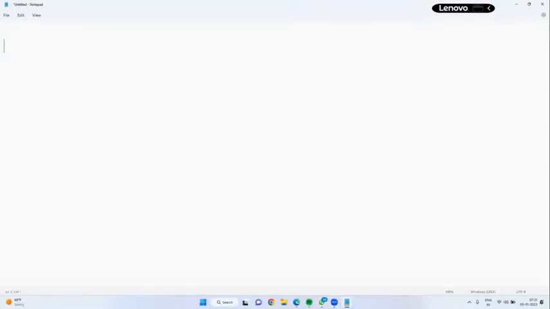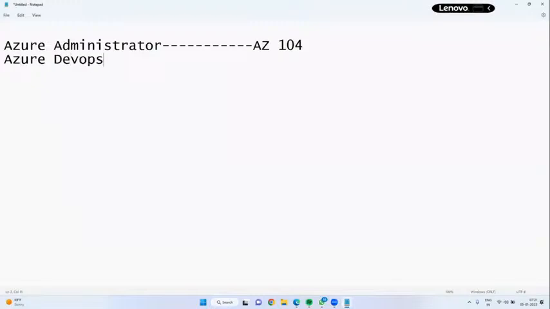The main thing I can suggest is the administrator certification paper, which is AZ-104. Next, Azure DevOps. Azure administration, Azure DevOps. The Azure DevOps certification paper is AZ-400.